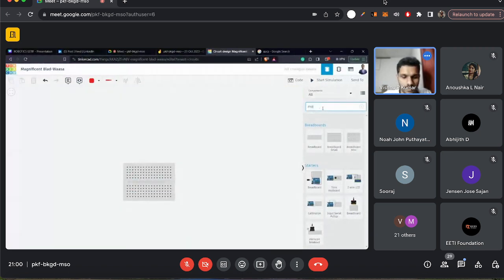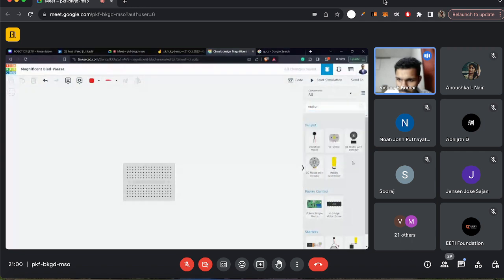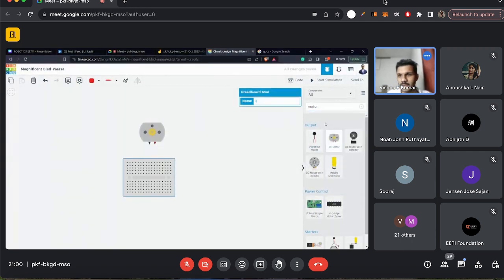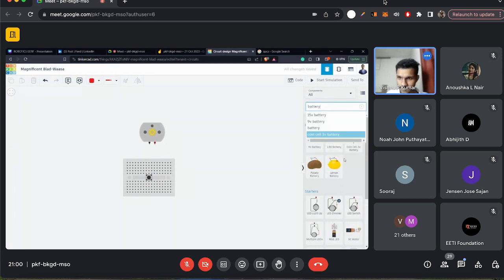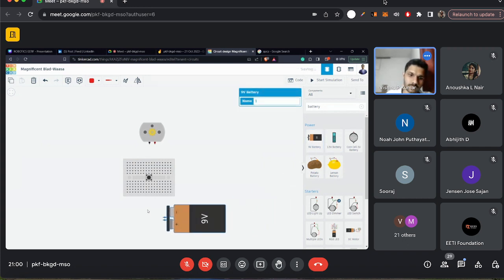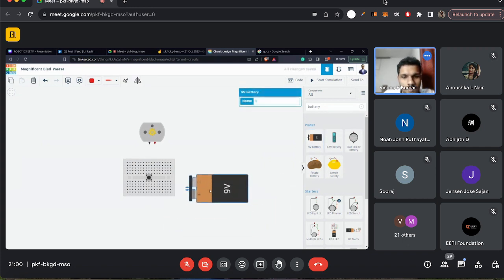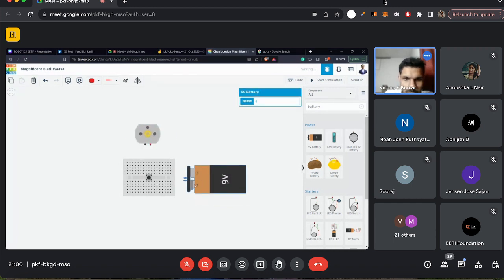So I'm taking a motor, then I'm going to use a switch, and a battery.